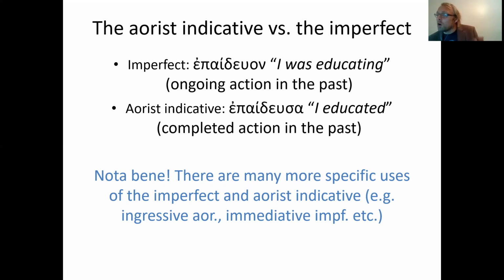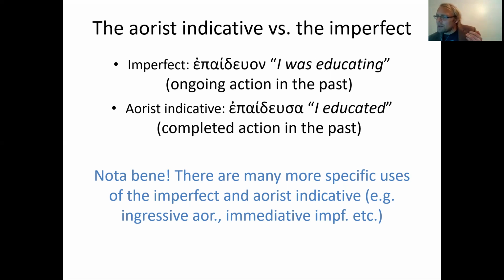However, depending on context, a translation in the pluperfect or past perfect may be a better alternative in English. Thus, epaideusa could also be translated as I had educated. However, as far as I can see at least, in the next chapter of our textbook, chapter 10, all the aorist indicatives encountered in the text can be quite adequately translated into English by using a verb in the simple past.